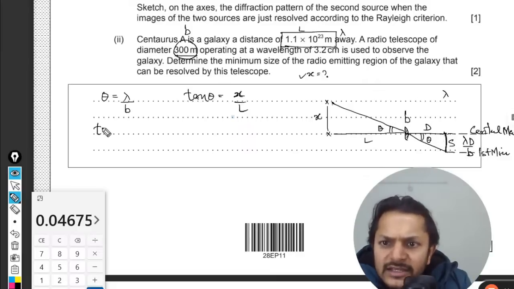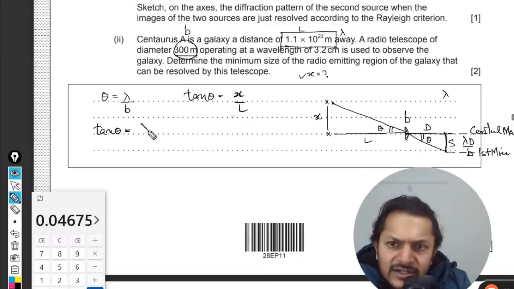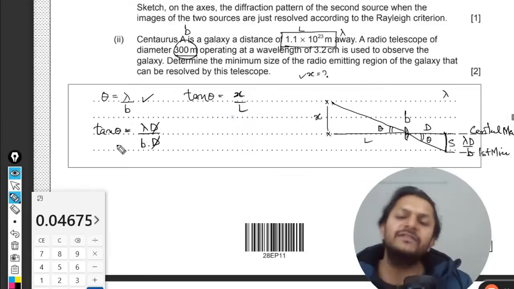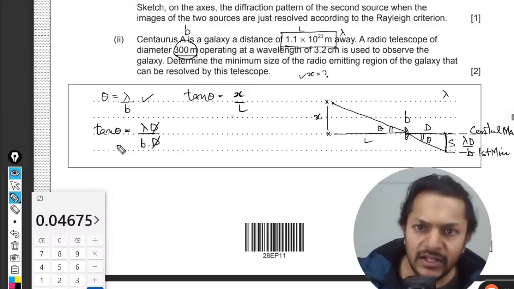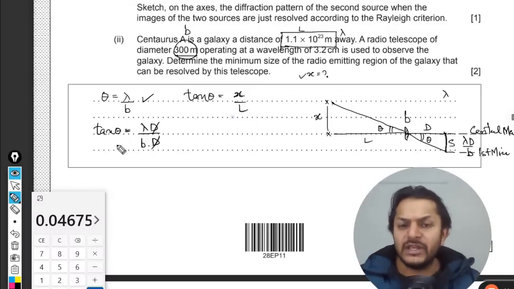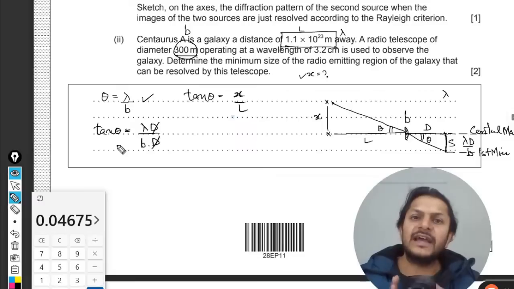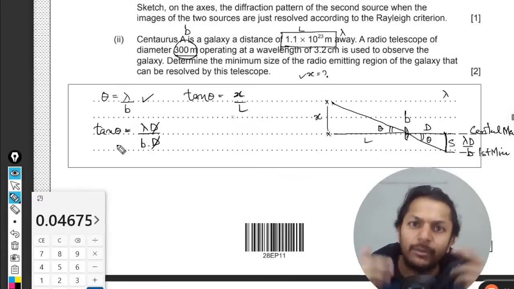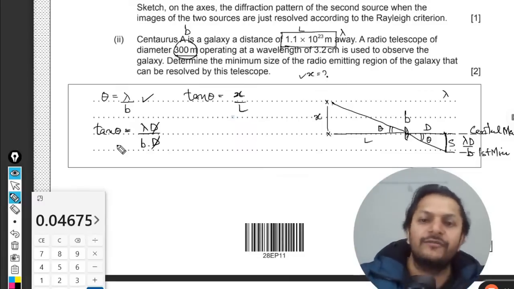You can still say that the tangent theta is equal to lambda d by b divided by d. So you would anyways be getting the same formula. I think this much should be either known to you or given in the data booklet. Some couple of formulas will be given in the data booklet. You can refer to that.